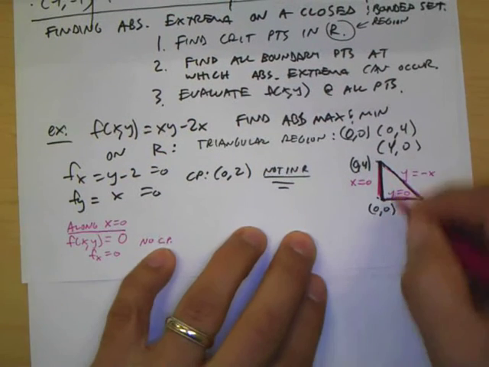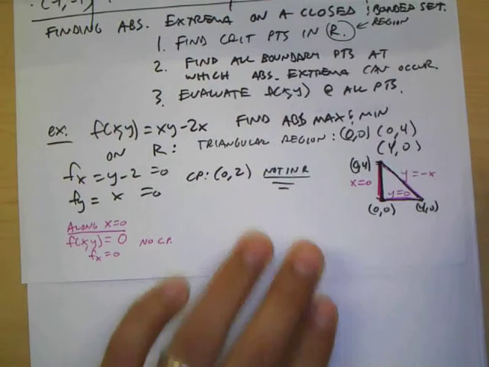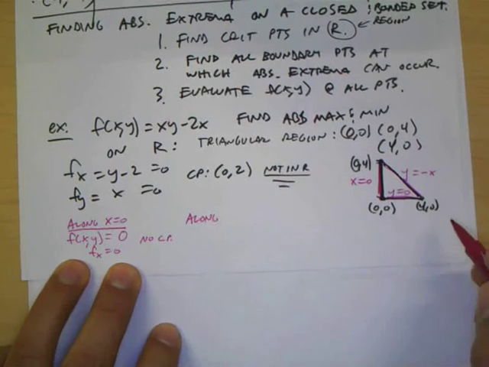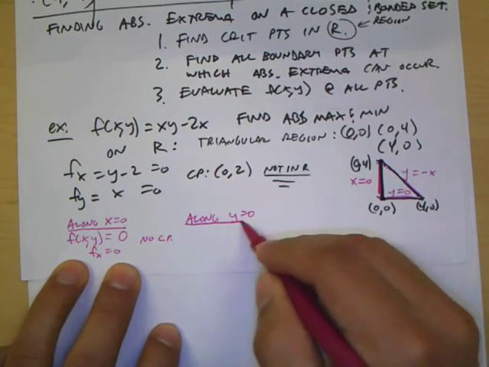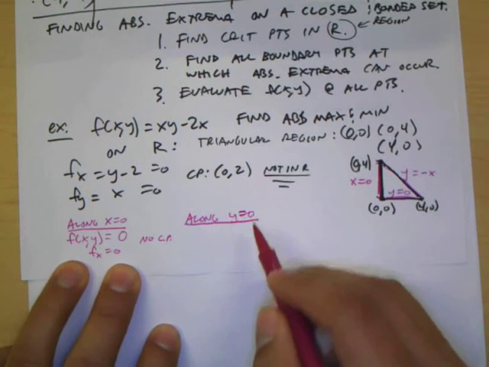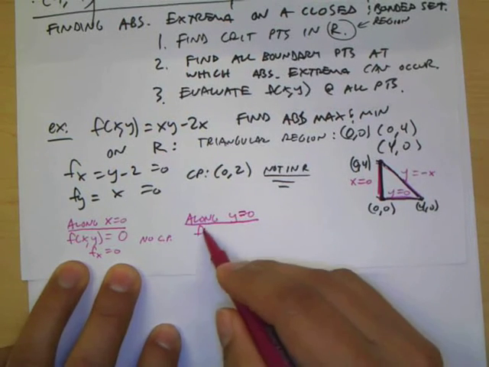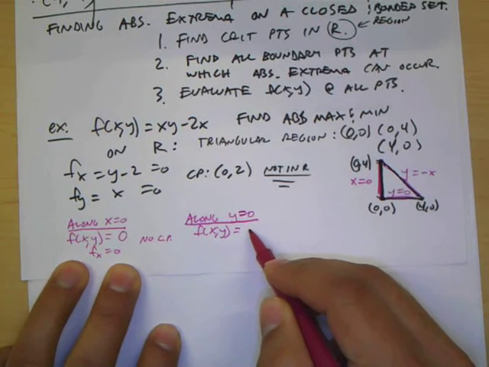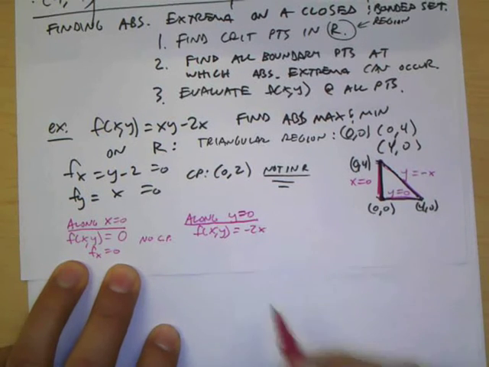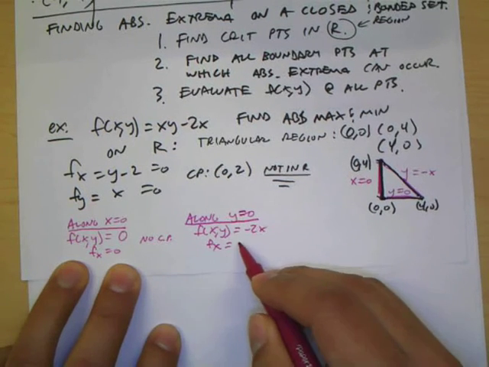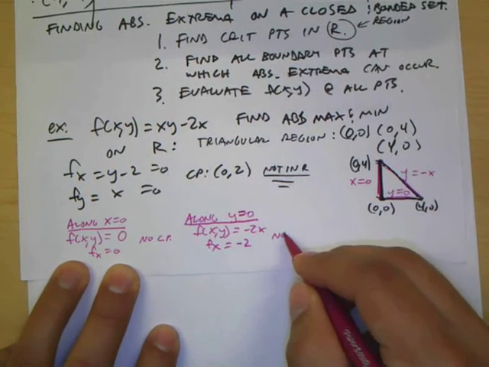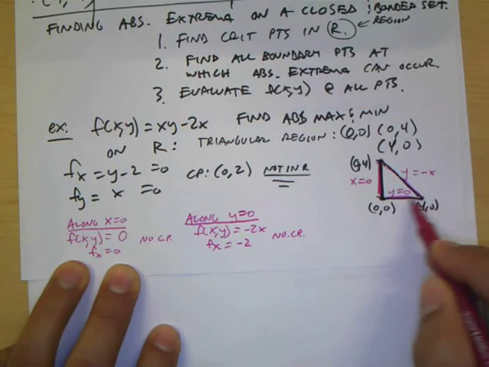We're still going to use 0, 0 and 0, 4 though, but there's nothing on the boundary. Let's see what happens along y equals 0. Along y equals 0, what do we get? F of xy is negative 2x. Partial x will be negative 2, but we can't set that to 0 and solve for anything, so we get the same conclusion here. No critical points between the vertices along y equals 0.